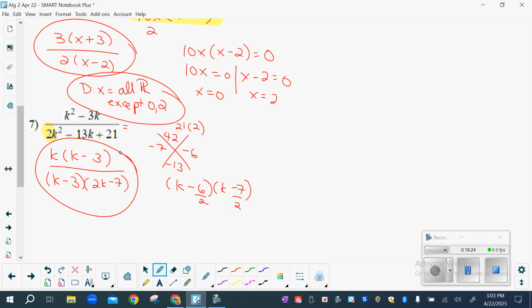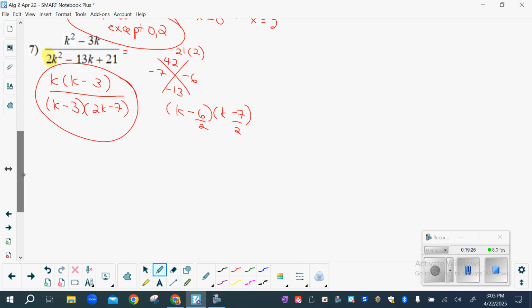Find the domain. So what part do I use to find the domain? Yeah, so we're going to use this denominator. Oops, sorry, I didn't fully simplify. What can we cancel? K minus 3. So we have k over 2k minus 7. And my domain is going to be k equals all reals except.